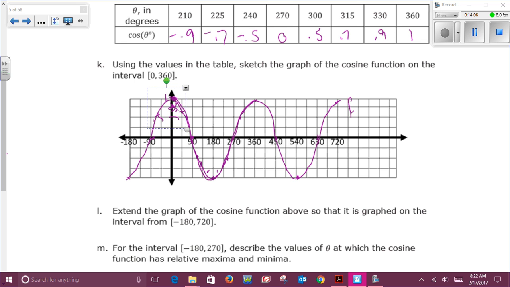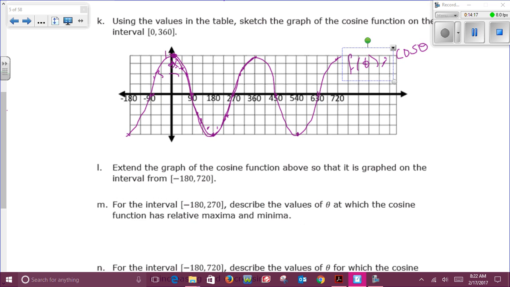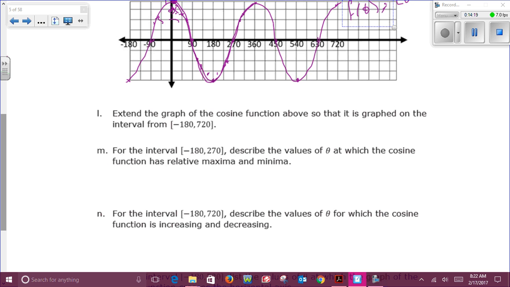And this is f of theta equals cosine theta. All right, so that is my cosine curve. For the interval from negative 180 to 270, that should actually say 720 to match the other ones.